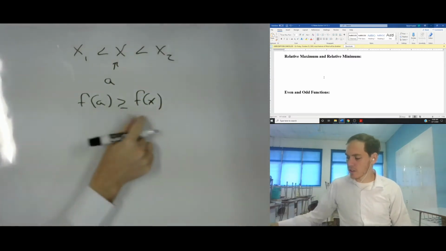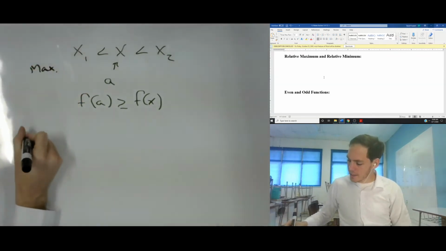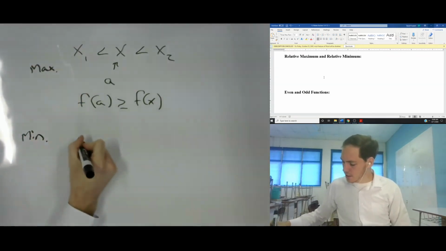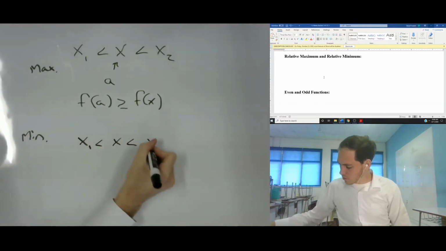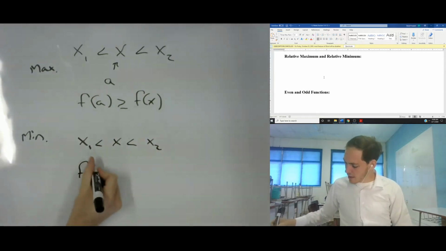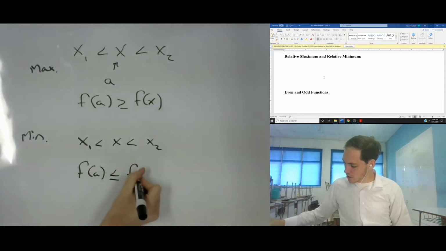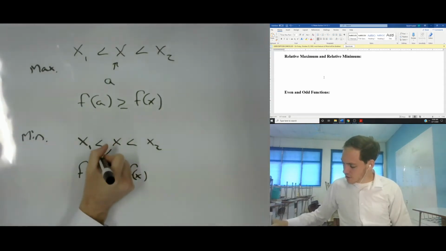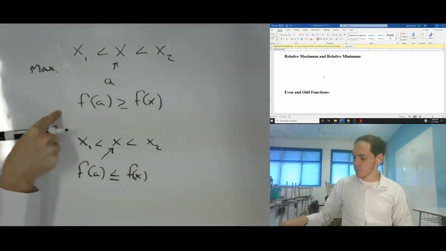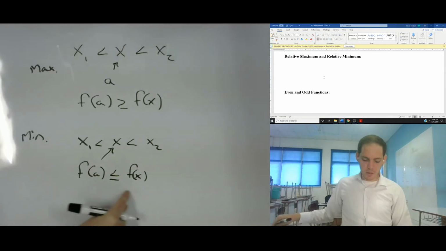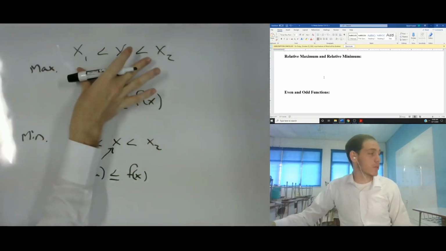So this is maximum. And then minimum is based on the numbers around it. This f of a is going to be less than or equal to the numbers around it, okay? So that's relative maximum where it's greater than, and this is relative minimum when it's less than. Now it only relates to those two numbers around it.